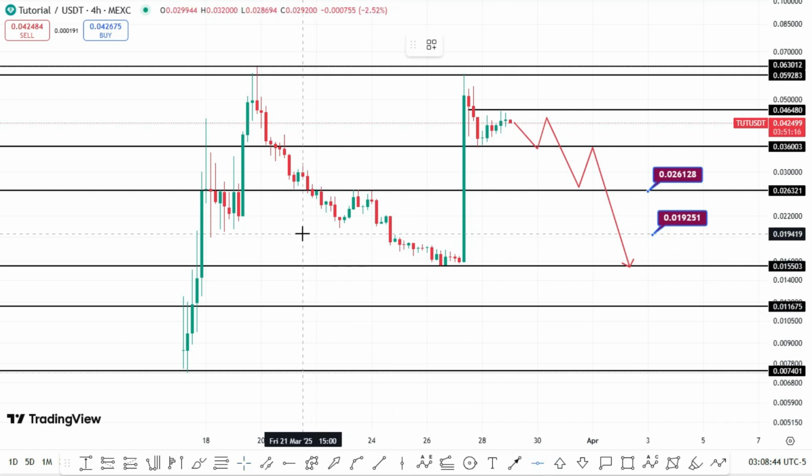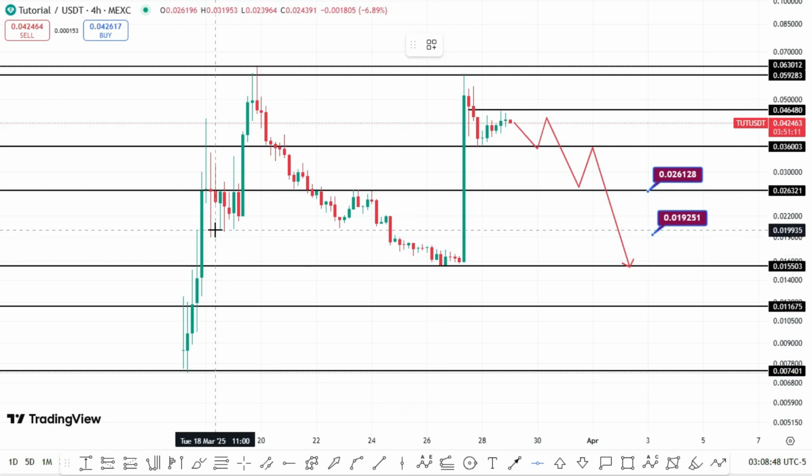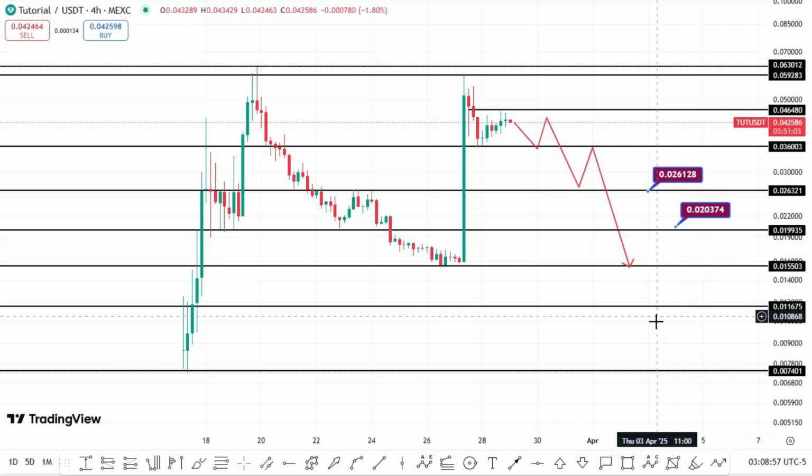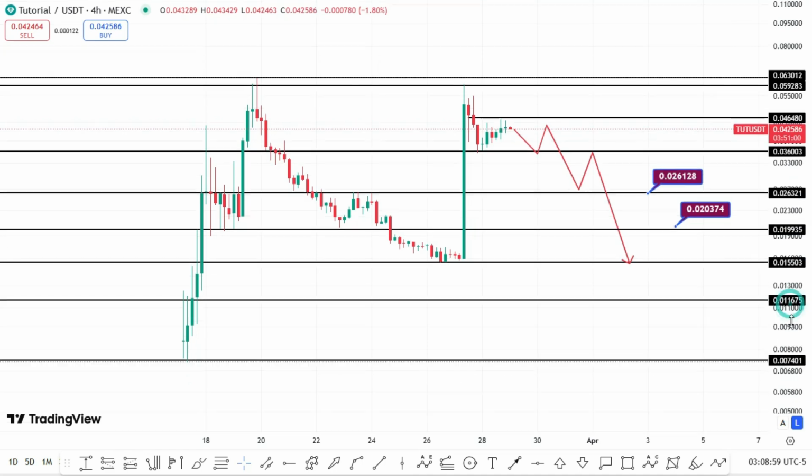Sorry for the inconvenience. This is the area. So these are the buying levels: 2 cent, 2.6 cent, and the final buying can be this area, 1.1 cent.